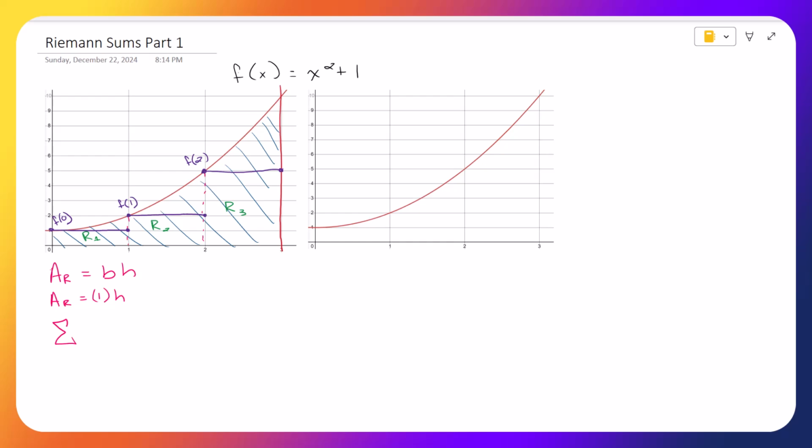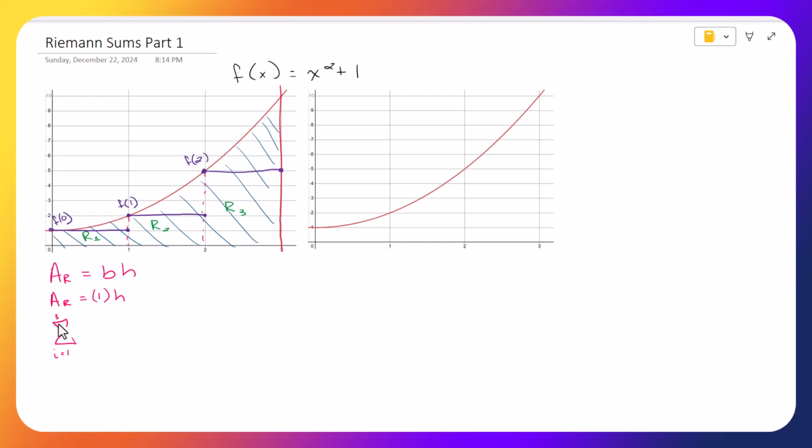So we're going to go from I equals 1 to 3, because we're adding 3 things. So we're starting at 1 and we're going to 3.